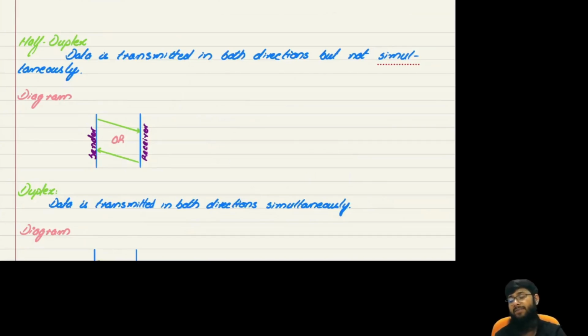Until the first person has finished his words, the second person is not allowed to speak. There will be no transmission, because the line won't be open for the other person while the first person is speaking. Once he has stopped, the other person will be allowed to speak.